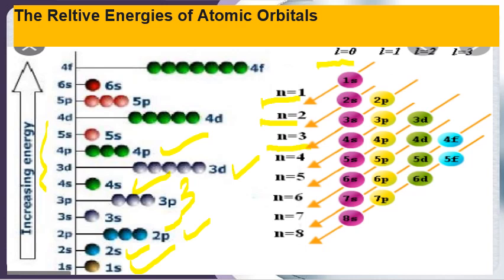Then you go to the fifth shell: 5s is filled, then 5p will be filled further, then 6s, and then you go to 4f, right? So you can say the electrons are accommodated into the orbitals according to the increasing order of energy of the subshells. Once again, orbit 1 carries just one subshell, or one orbital.